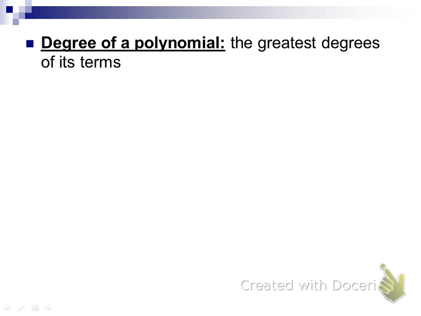All right, and then I was hinting at this earlier. If you're looking for the degree of the polynomial, it's the greatest degree of its terms. So you find the term with the largest degree, that's the degree of the whole thing.